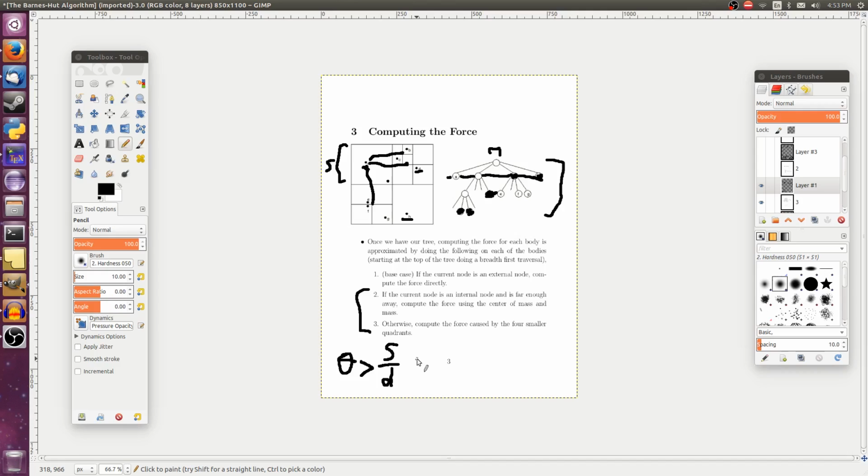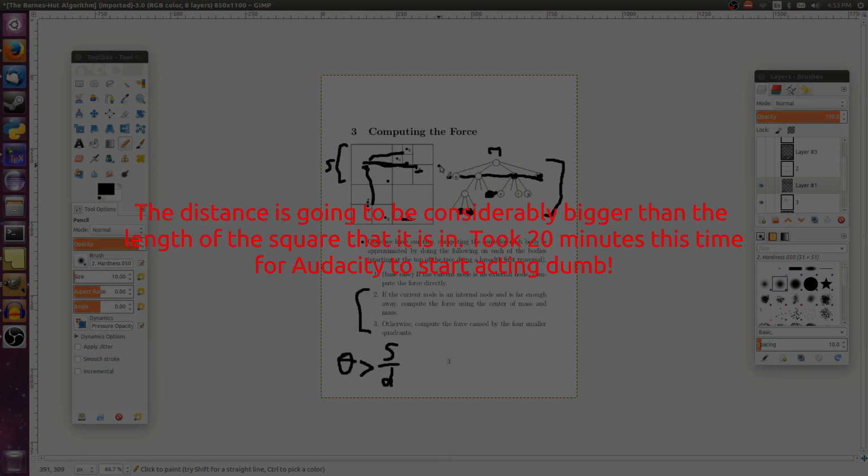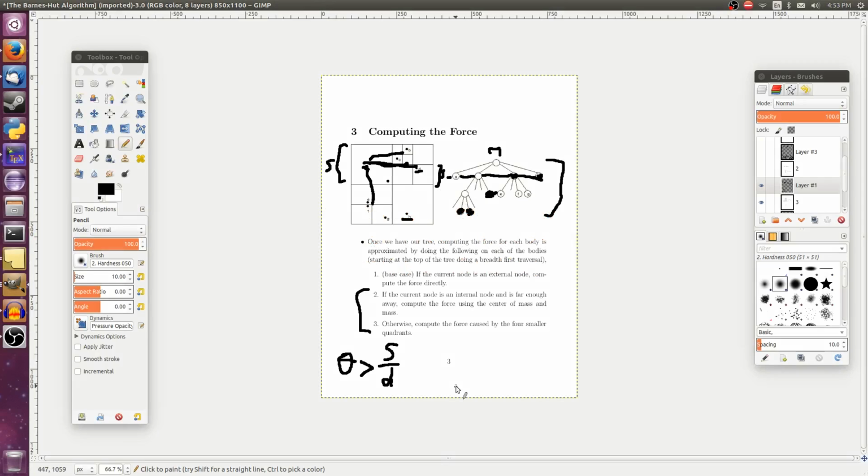Which should make sense, because if the distance is really big but the side length is small enough, like for example D right here, then that's a measure of how far away it is.